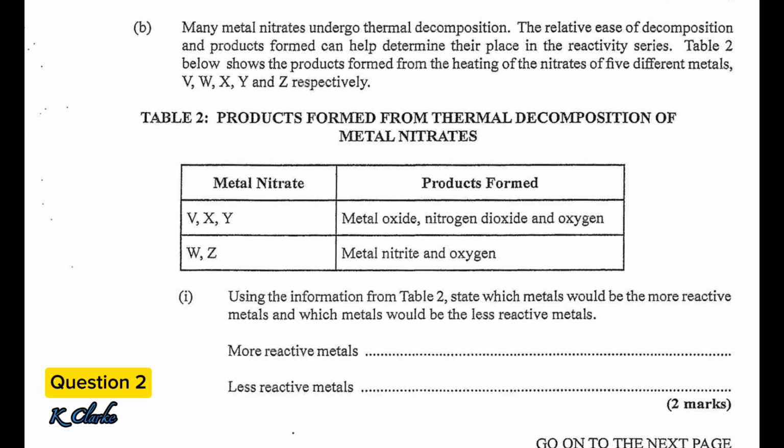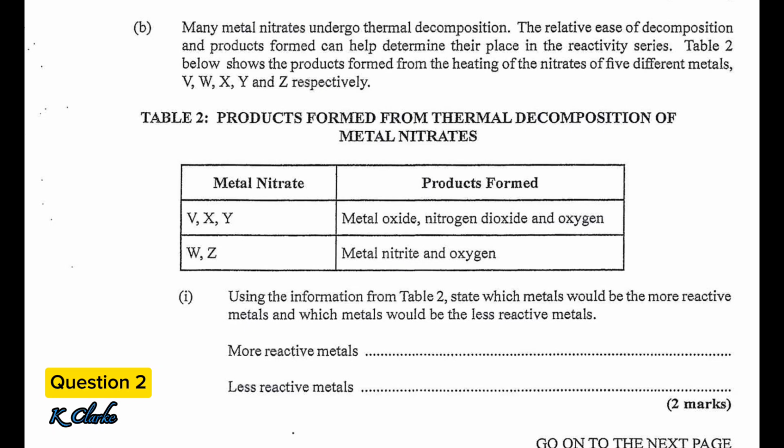Metal nitrates V, X, and Y form products metal oxide, nitrogen dioxide, and oxygen, while metal nitrates W and Z products are metal nitrite and oxygen.